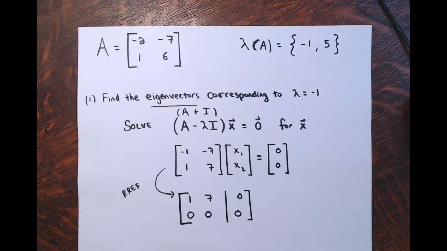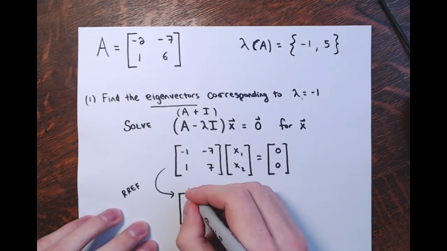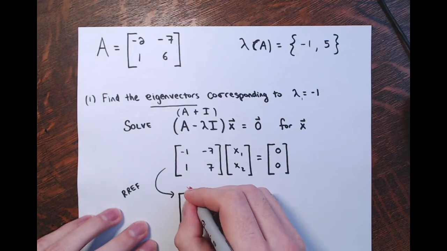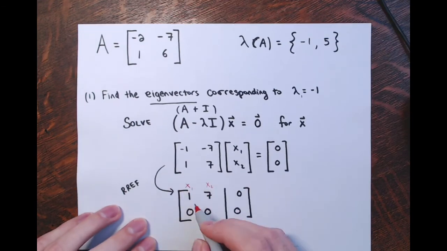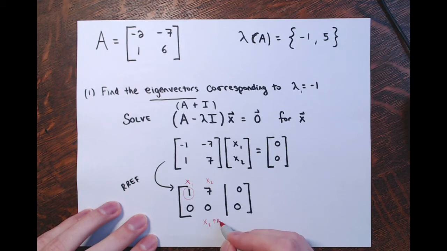Okay, and then going through, remember this is representing coefficients of x1, coefficients of x2, and looking at this here, there's a pivot in the first column, so x1 is basic, and x2 is free, right? There's no pivot in that second column. Now you know me, I like to let my free variables be represented by some other letter.